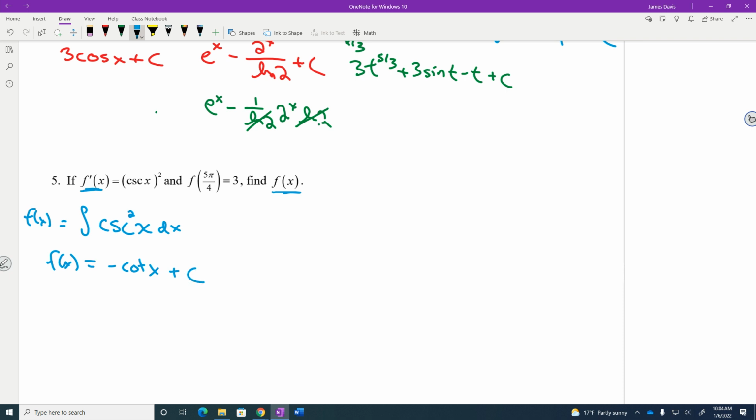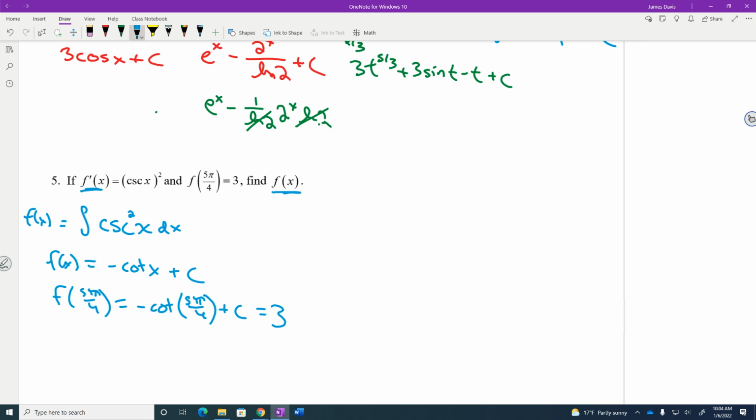And then we'll plug in our initial condition there. So f of 5 pi over 4 is negative cotangent of 5 pi over 4 plus c equals 3.